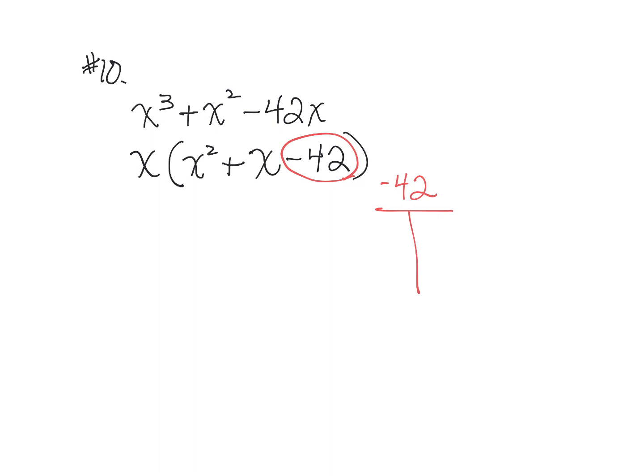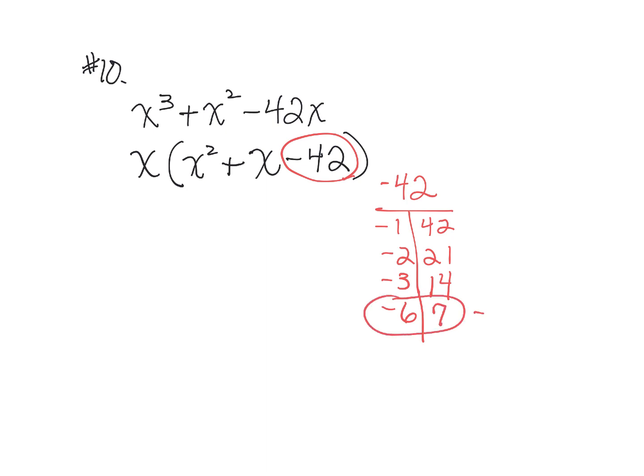And they're going to add up to 1. So it's a negative 1 and 42, negative 2 and 21, negative 3 goes, and 14. Negative 4 doesn't go, negative 5 doesn't go, negative 6 goes, and a 7. Oh, look at there.